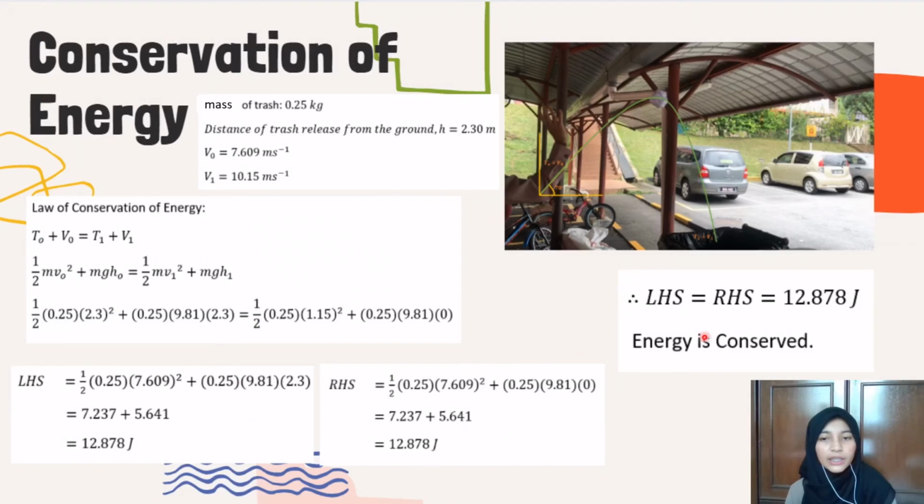This indicates the left hand side is the same as the right hand side, 12.878 joule, and this indicates the energy is conserved when we throw the trash into the dustbin. That's all for the LO2.